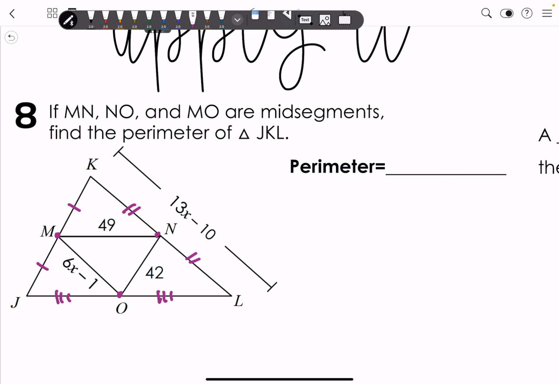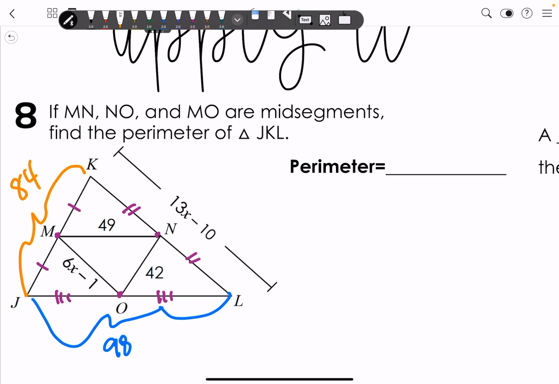So we have to figure out each and every single one of them. All right, well, let's do it. We know that this entire thing, because the half of it is 49, JL is going to be twice that, which is 98. All right, this one right here is going to be twice 42, which is 84.